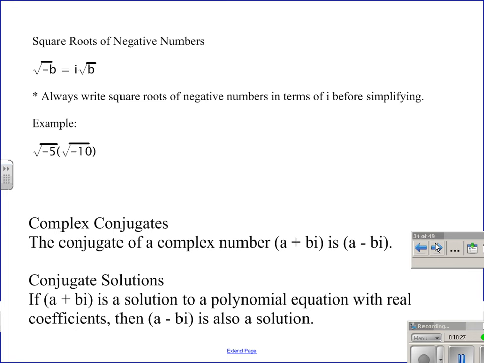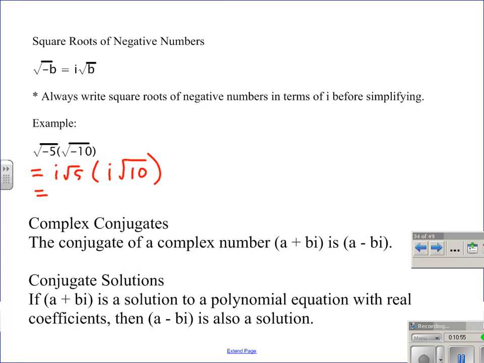Okay, now we're going to look at the square roots of negative numbers. If you have something like the square root of negative b, we're going to simplify that to i times the square root of b. And you're always going to write square roots of negative numbers in terms of i before you simplify them. So for example, here in this case, before I simplify this, I'm going to write this as i square root 5 times i square root 10.